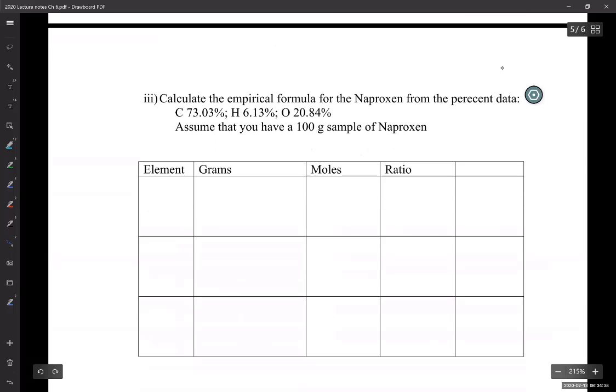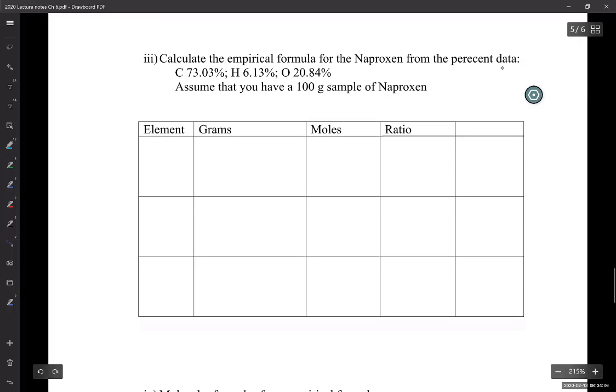So it says, this is for naproxen, and then I have a couple of other practice ones in the back. And a lot of times the composition information is given as a percent. It's a percent by weight.